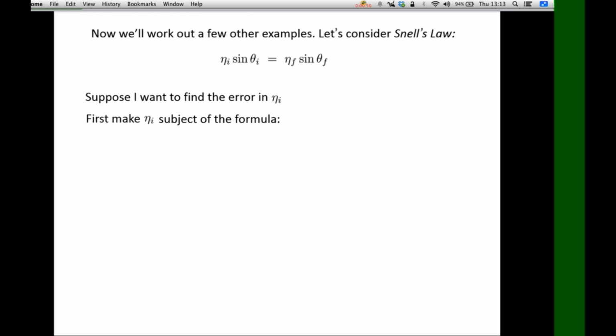What we've got to do first, this holds every time: if you want to find the error in a quantity x, first make x the subject of the formula. In this case, we've got to make eta I the subject of the formula to get that equation.